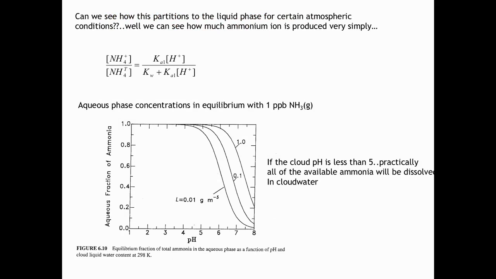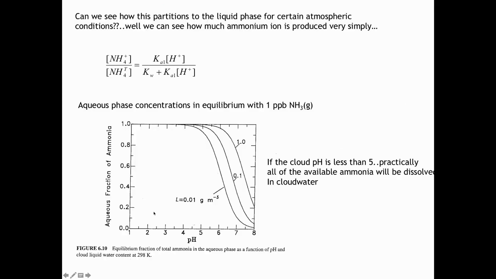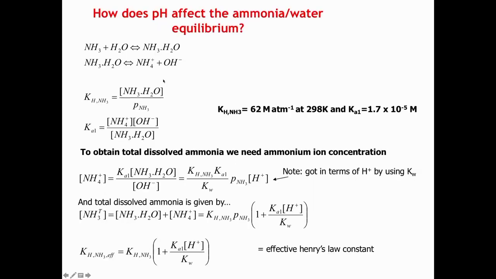So the amount of free ammonium in solution, divided by the total ammonium in solution. So the total ammonium is the sum of these two. The free ammonium is given by this expression here, just from this divided by this.